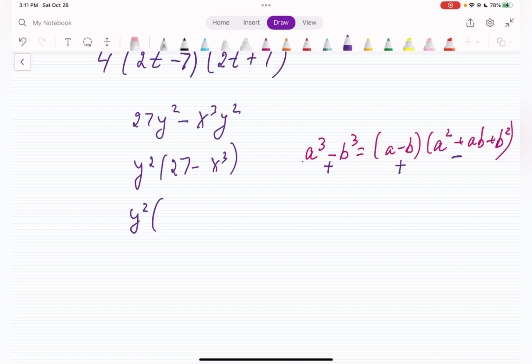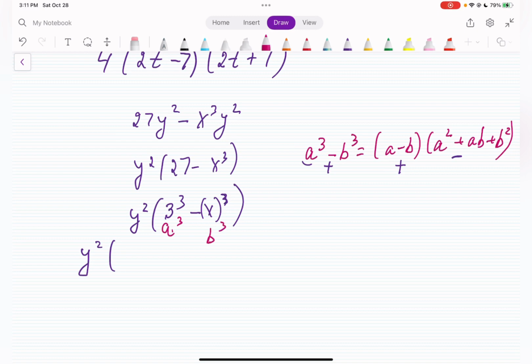So let's see. Y squared I took out. 27, let me see how can I represent a to power 3. 27 is 3 to power 3. And x cubed is x to power 3, right? So, well, let's write down. Y squared is going to stay. So this is my a to power 3. This is my b to power 3.